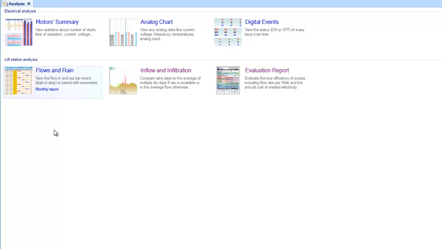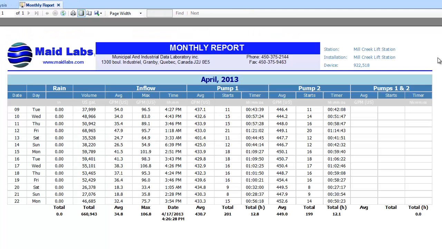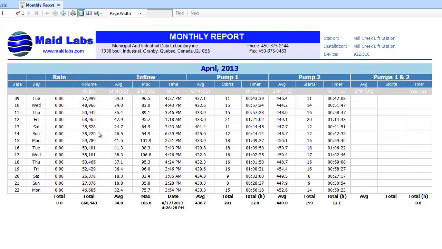Now your flow and rain report also has at the bottom the monthly report. The monthly report is what typically everybody is interested in, because it gives the 1 month analysis of the station, gives each individual day, if there was any rainfall, what the volumes went through the station per day, the average flow rate, the maximum flow rate, the time it occurred, and then pump capacities, how many starts on each pump, and how much time was on each pump.